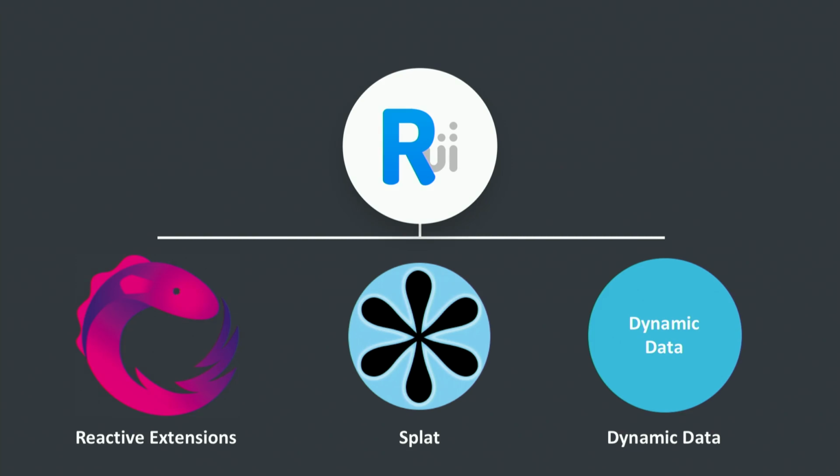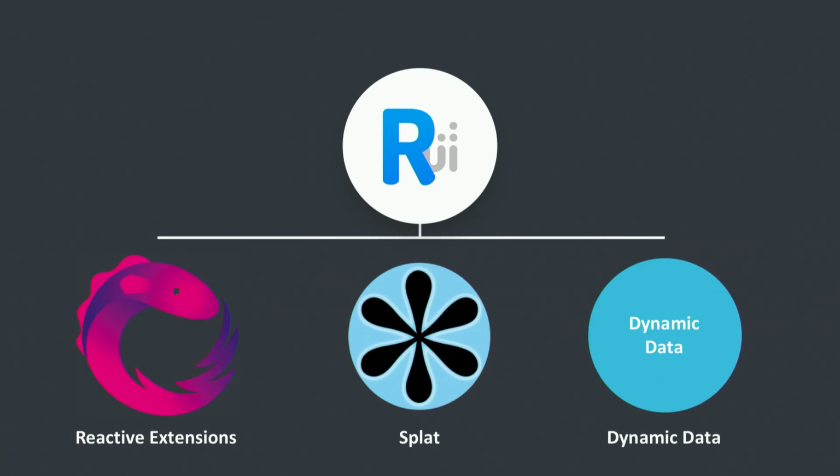And so for us, this is core and key for everything that we do, because if you think of building a user interface for an application, specifically something like a mobile user interface where people are tapping and swiping and doing all this kind of stuff, Reactive Extensions is going to make our lives a lot easier to handle those interactions.